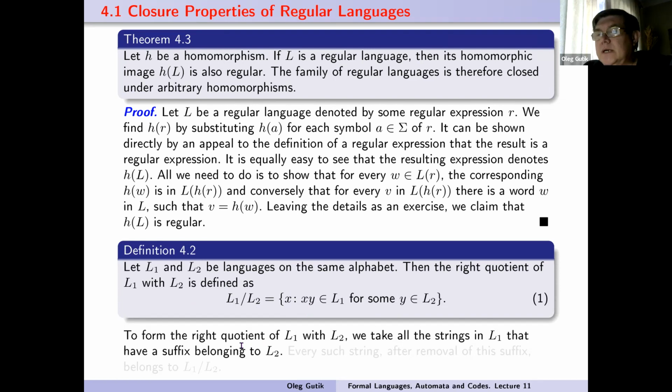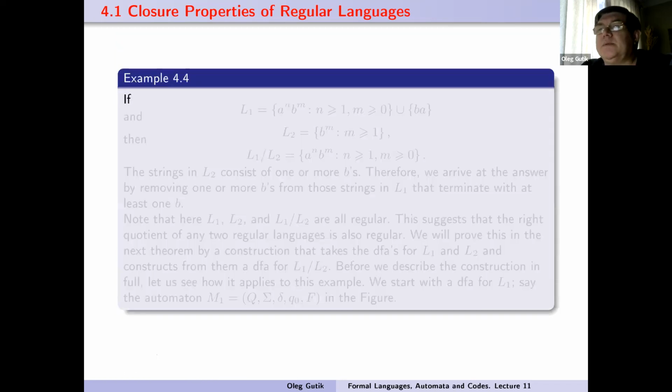To form the right quotient of L1 with L2, we take all the strings in L1 that have a suffix belonging to the language L2. Every such string, after removal of this suffix, belongs to the right quotient of L1 with L2.